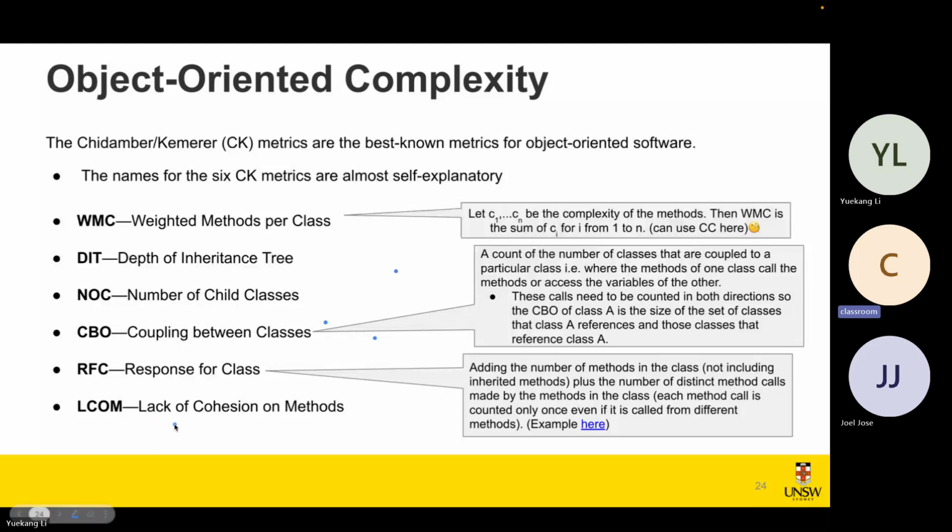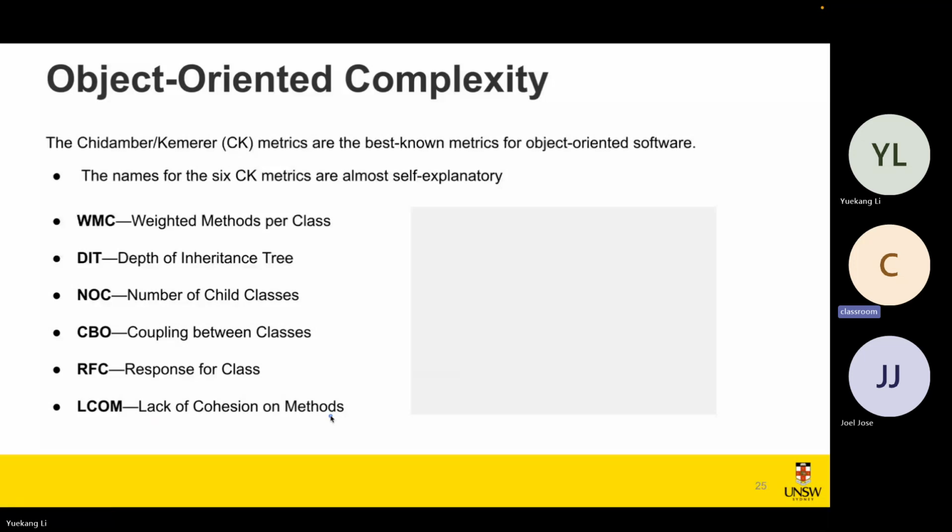But the last one requires a little bit of comprehension, so let's have a look at the detail here. In object-oriented programming, we have learned the concept of encouraging high cohesion but low coupling for our code, right? High cohesion means that we put similar concepts together.